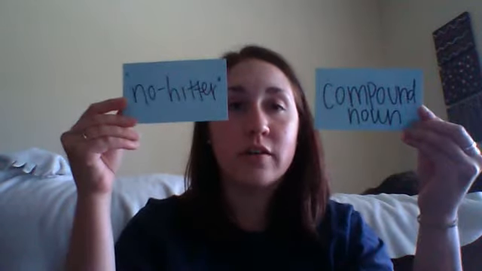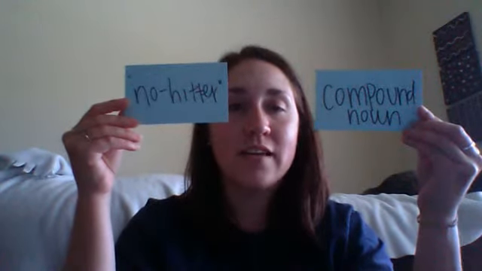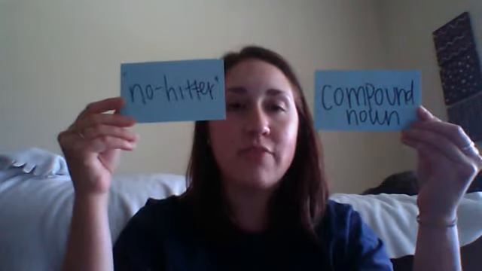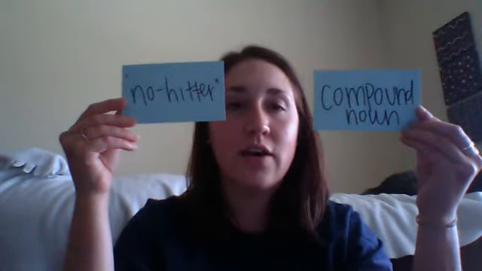Also, a compound noun, civil rights. These two words together have one meaning. It's one noun. Compound noun. Also a compound noun, no-hitter. See how it's hyphenated? Together, these two words and their hyphen mean one thing. They're one noun. They're a compound noun.